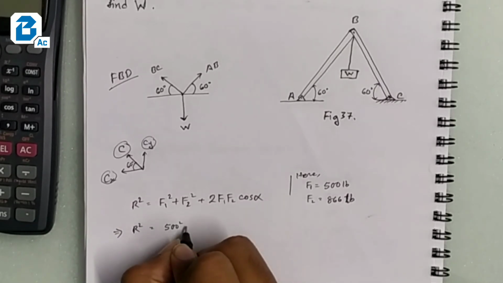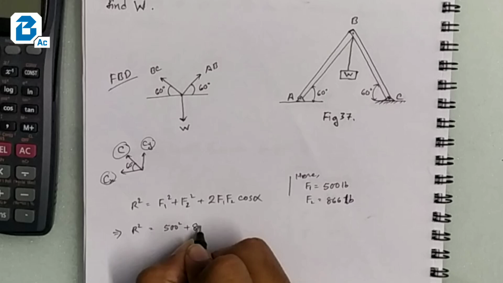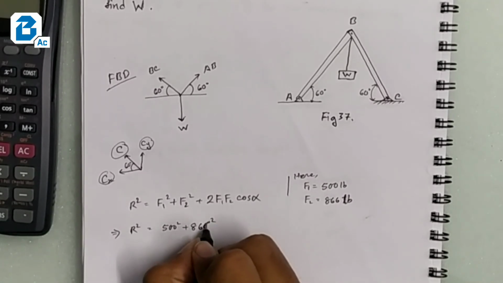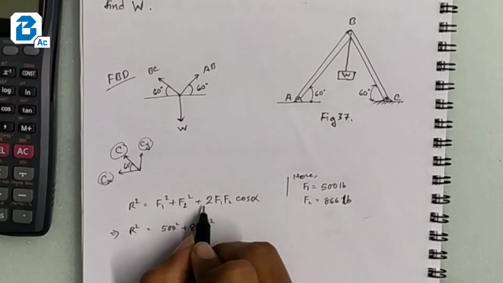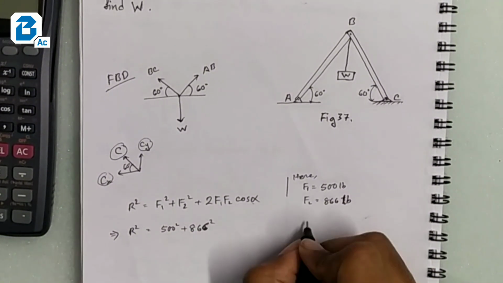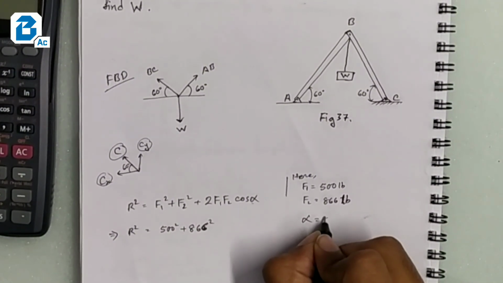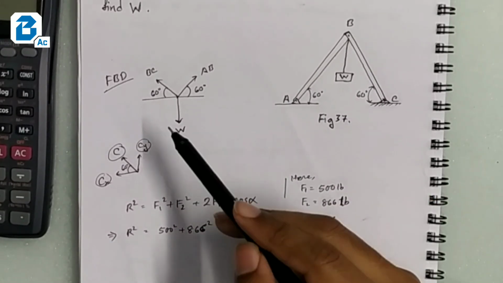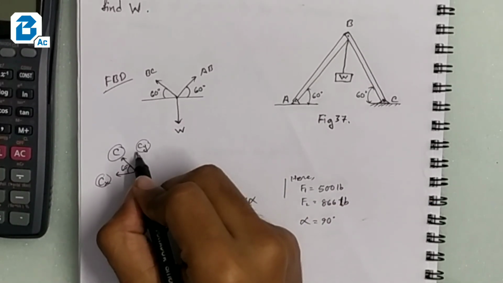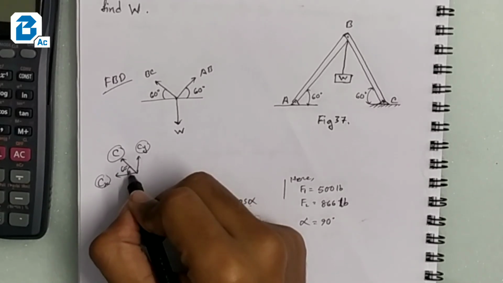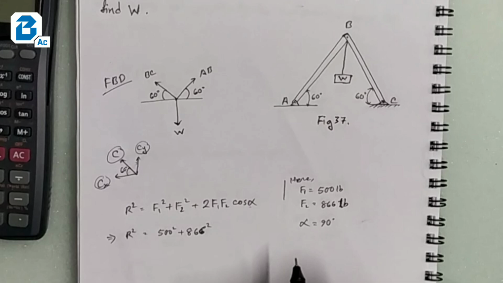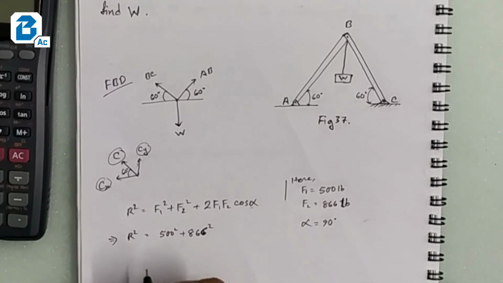So let's write it down with the values. 500 square plus 866 square, and we will omit this part because here alpha is equal 90 degree, because we have two axes in this reaction, x axis and y axis have a difference of 90 degree, and we know that cos 90 degree is equal 0, so we can omit that part.